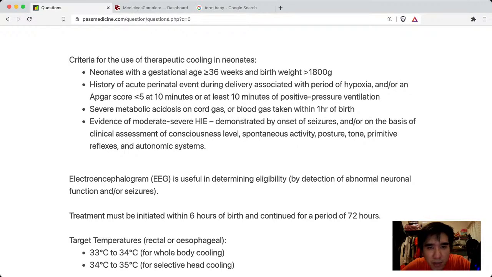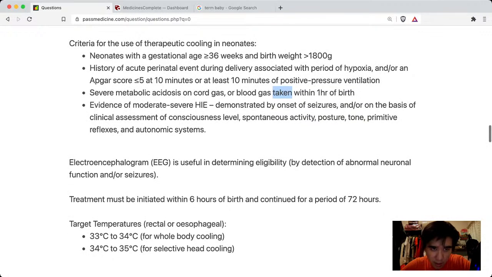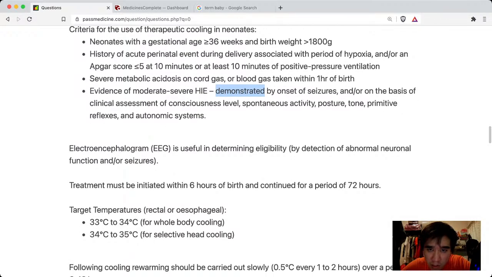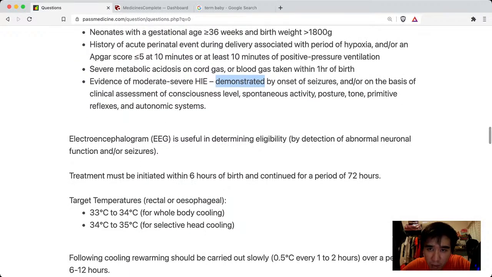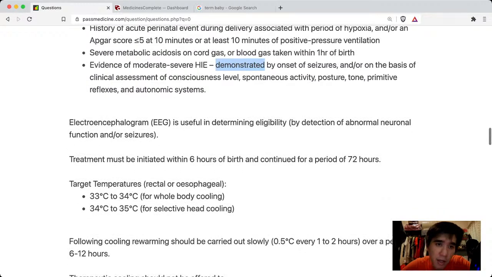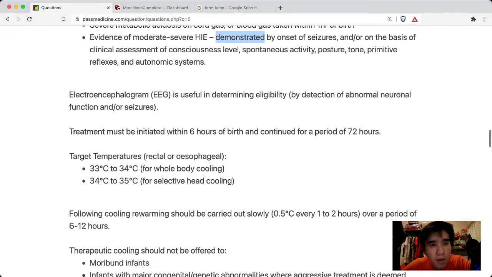Severe metabolic acidosis on cord gas or blood gas taken within 1 hour of birth. Evidence of moderate to severe hypoxic ischemic encephalopathy demonstrated by onset of seizures or on the basis of clinical assessment of consciousness level, spontaneous activity, posture, tone, primitive reflexes, and autonomic systems.